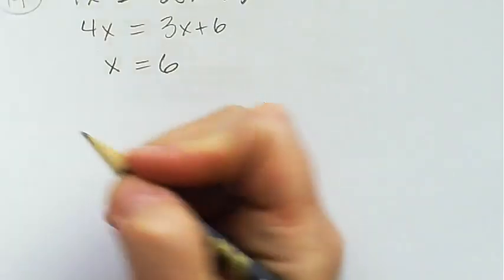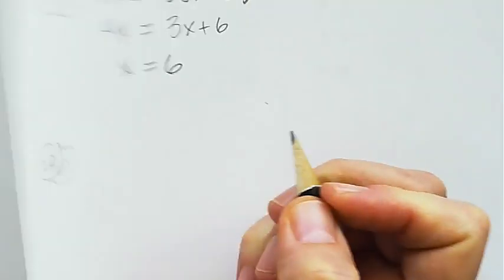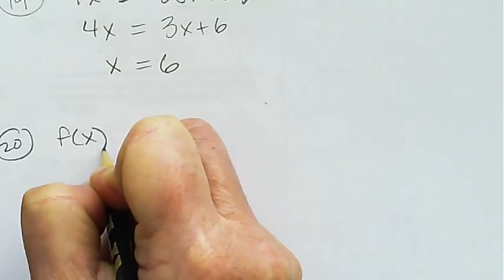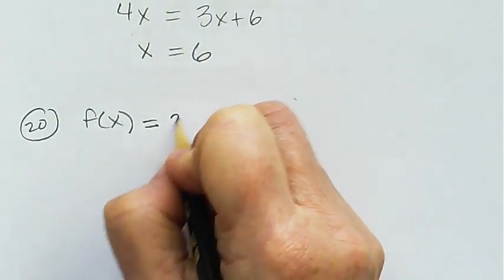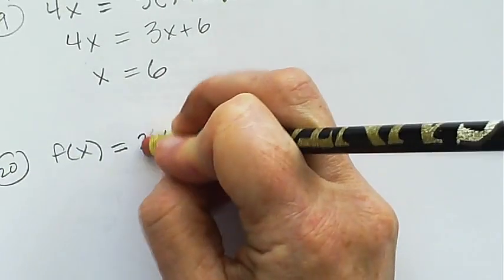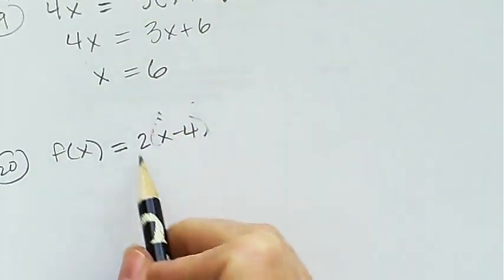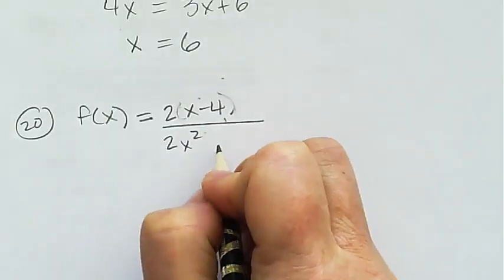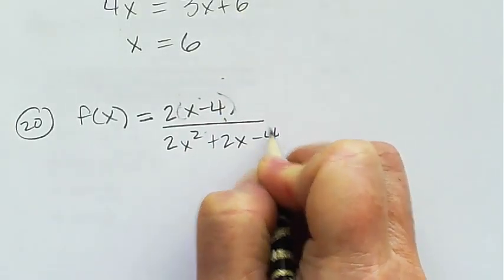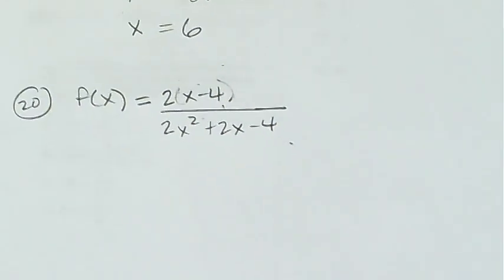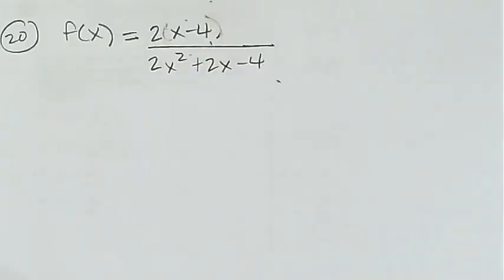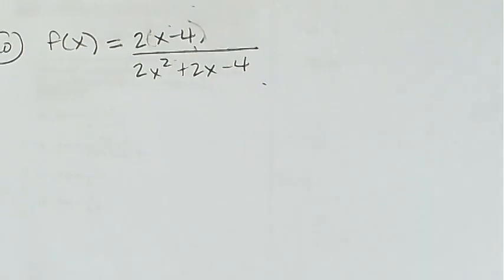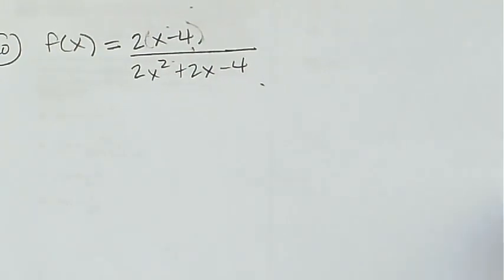So I'm going to take this equation, and you're probably noticing the questions are getting more challenging. Over 2x squared plus 2x minus 4. Now, this is one where if you're under pressure, I would say skip over it. It is a little bit more challenging, and there's others that you're going to know.